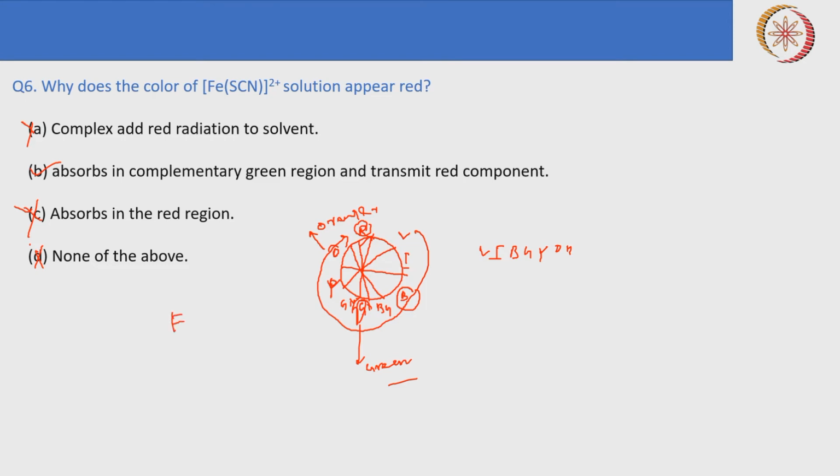So basically, whatever Somodev is telling, suppose Fe 2+ state is there, and it is sulfur CN. This sulfur has a lone pair, so that can transfer the charge to the Fe 2+ state. So basically ligand to metal charge transfer is forming. So for that also color can be formed. Yeah, that can also be the answer.